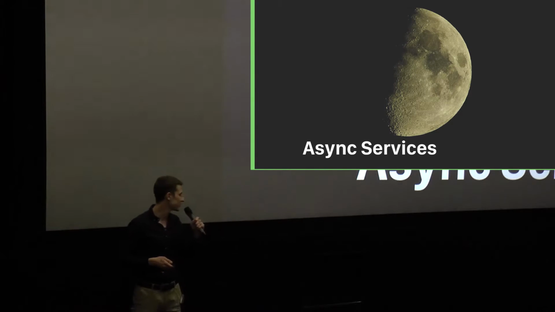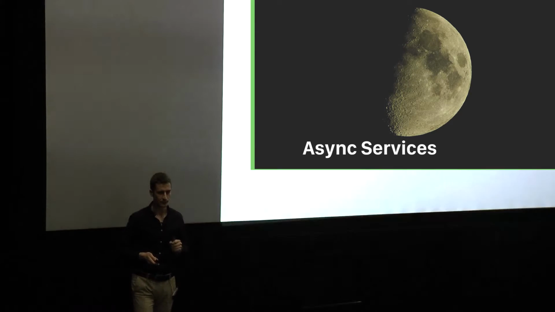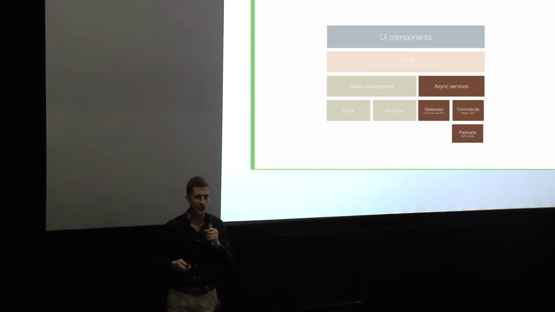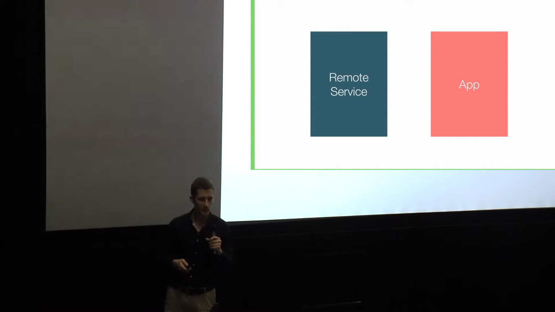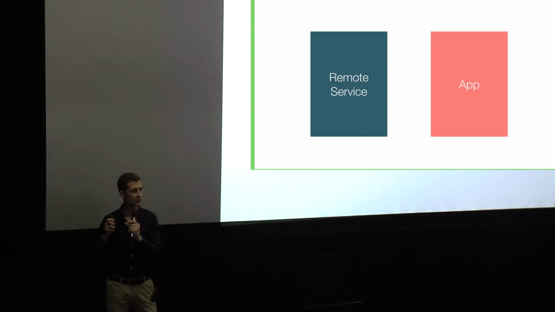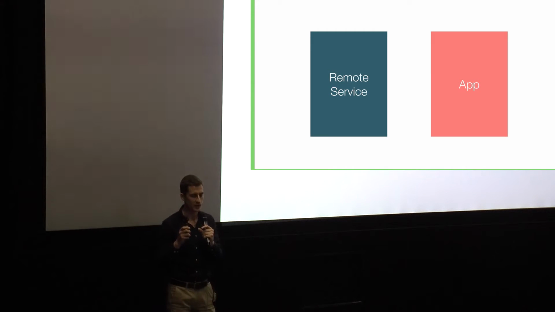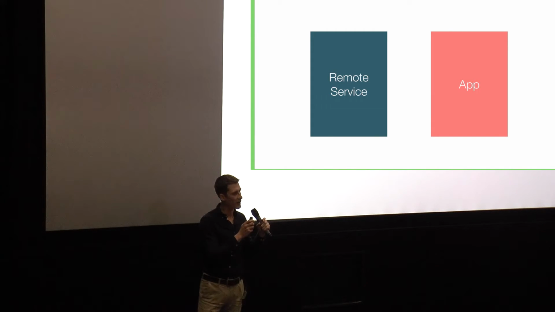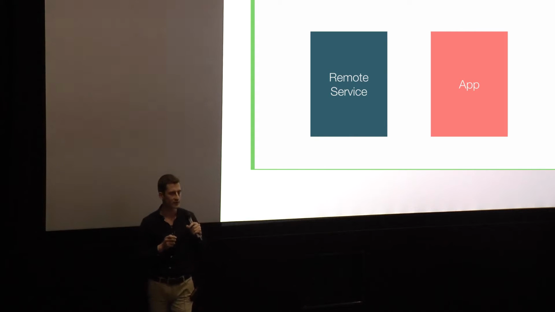Now let's talk about the asynchronous services. This is the last piece of the architecture, and the asynchronous services are the piece of logic which understands both the actions that we are using as a communication protocol within the boundaries of our application and parts of the API of the remote service.